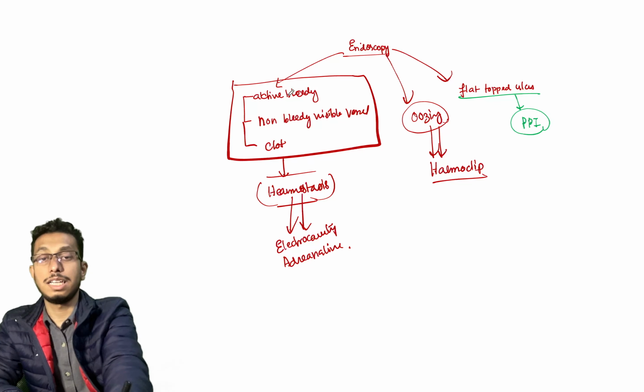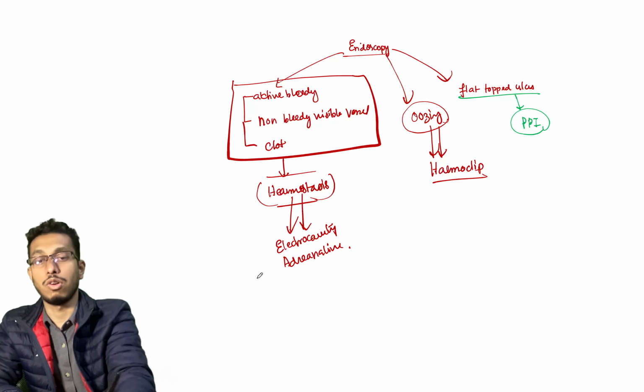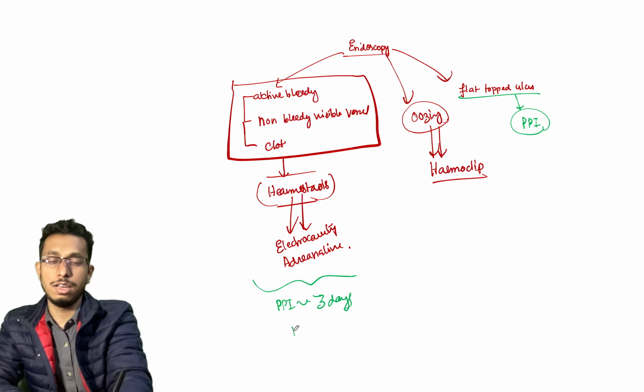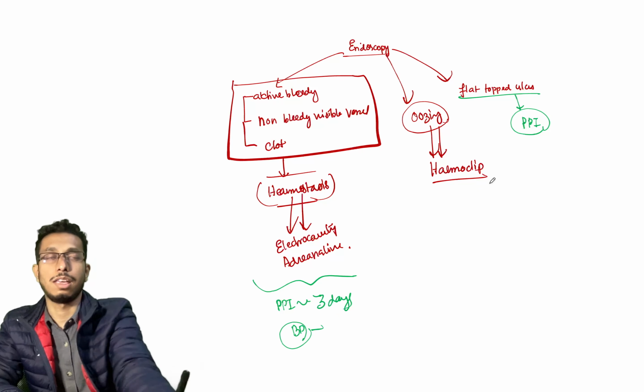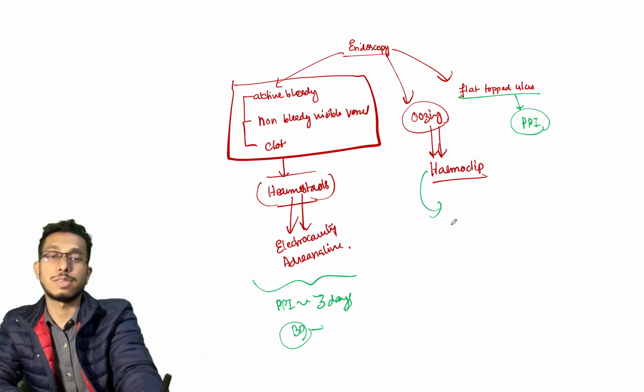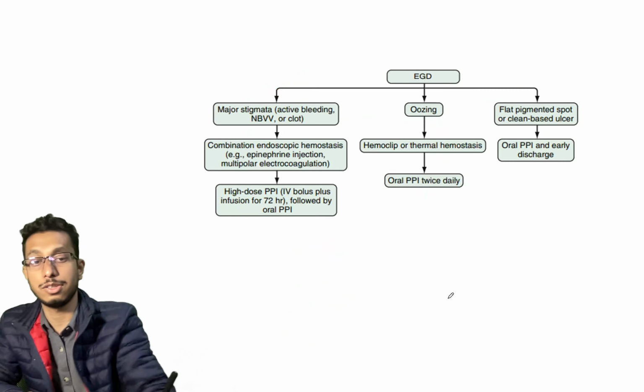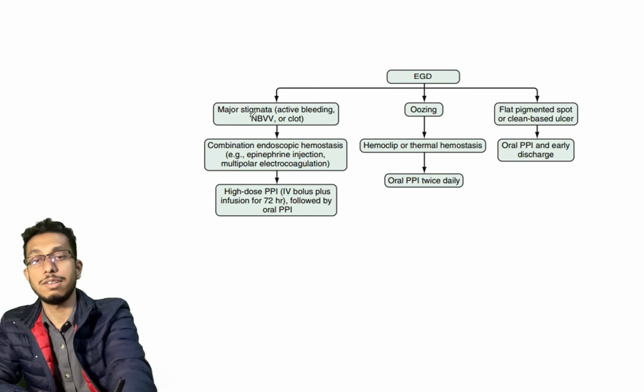In case of active bleed, non-bleeding visible vessel, or clot, proton pump inhibitor infusion should be continued for a minimum of 3 days, followed by twice a day dosage of PPI. In case of oozing treated with hemoclip, we can go for a normal diet as early as possible, and PPI twice daily. All right. So that's what is mentioned in Schlesinger.